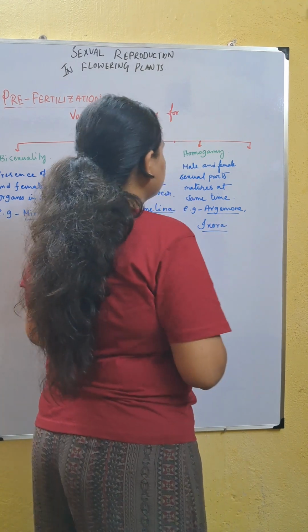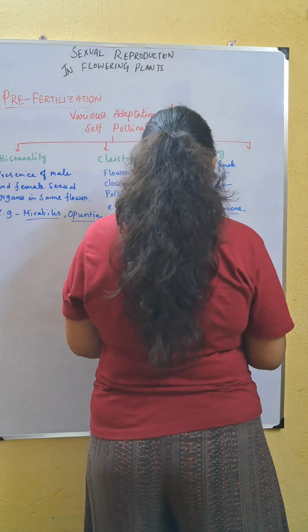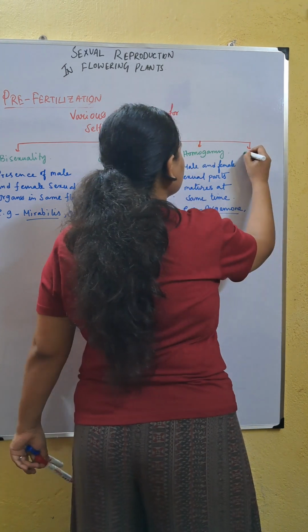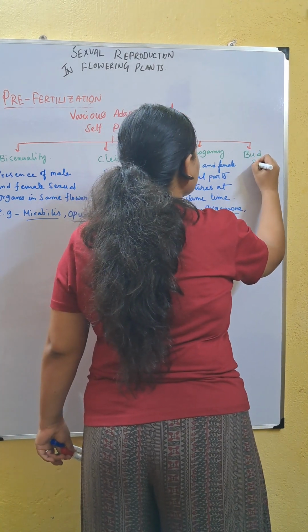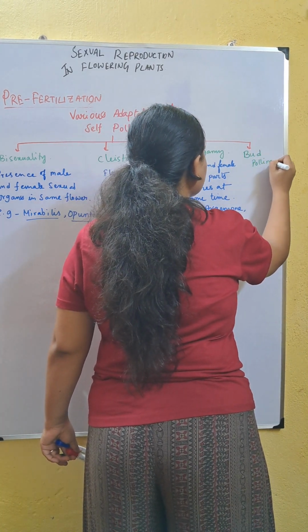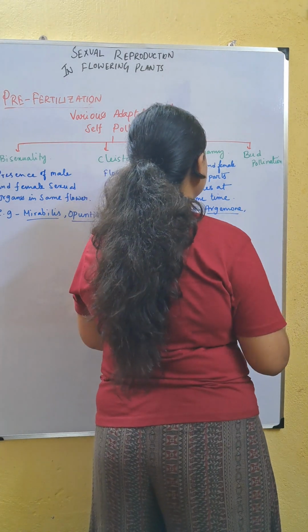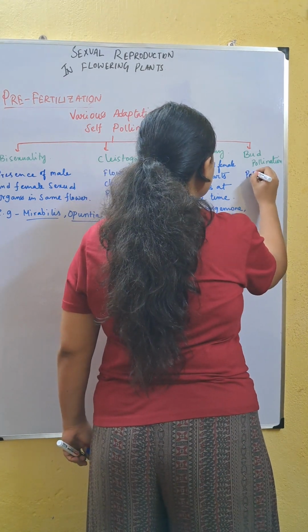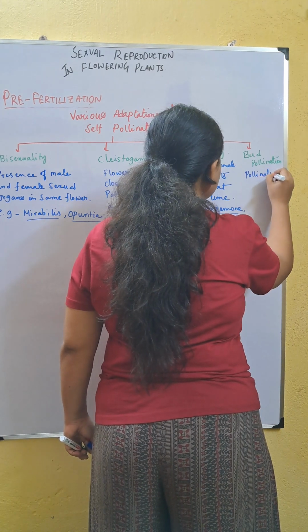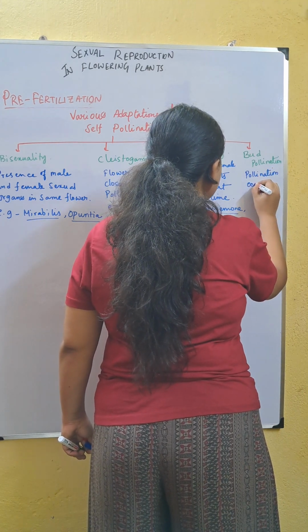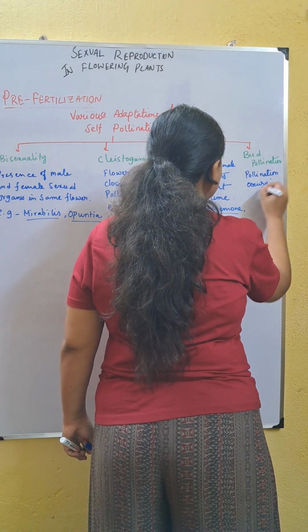The next is bud pollination. Here, pollination occurs in bud condition.